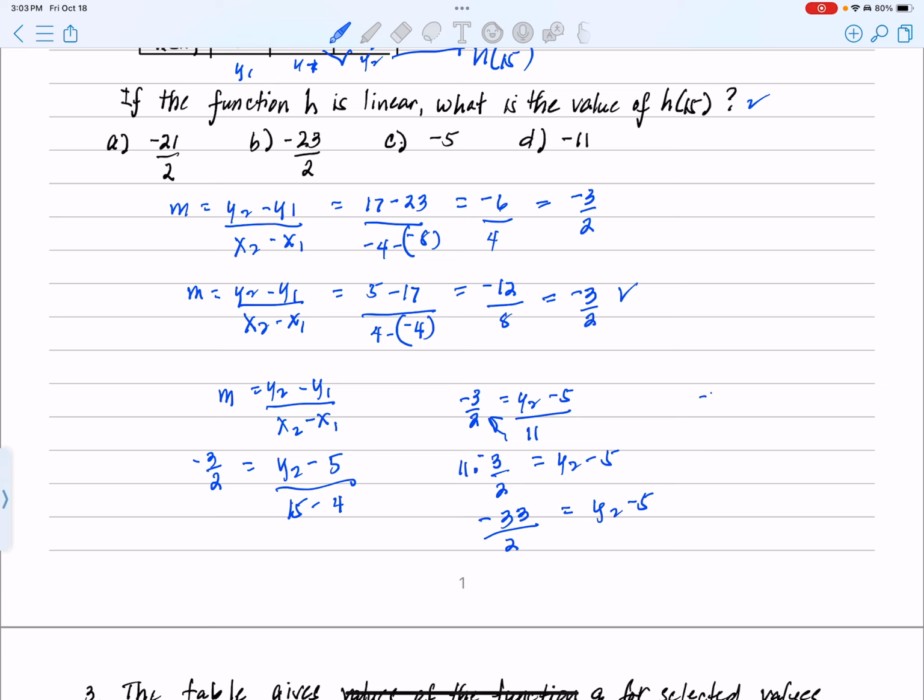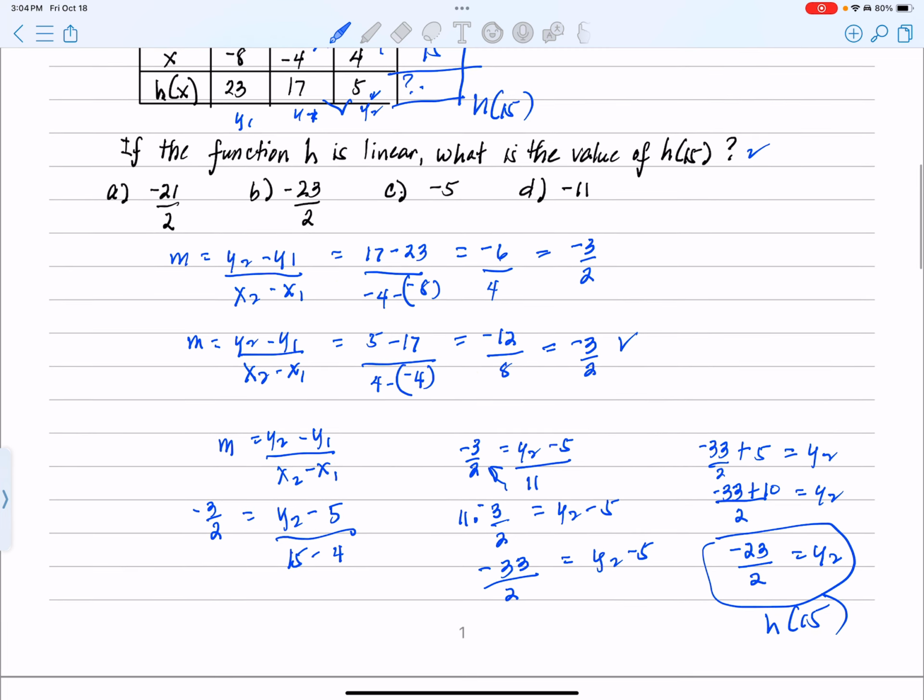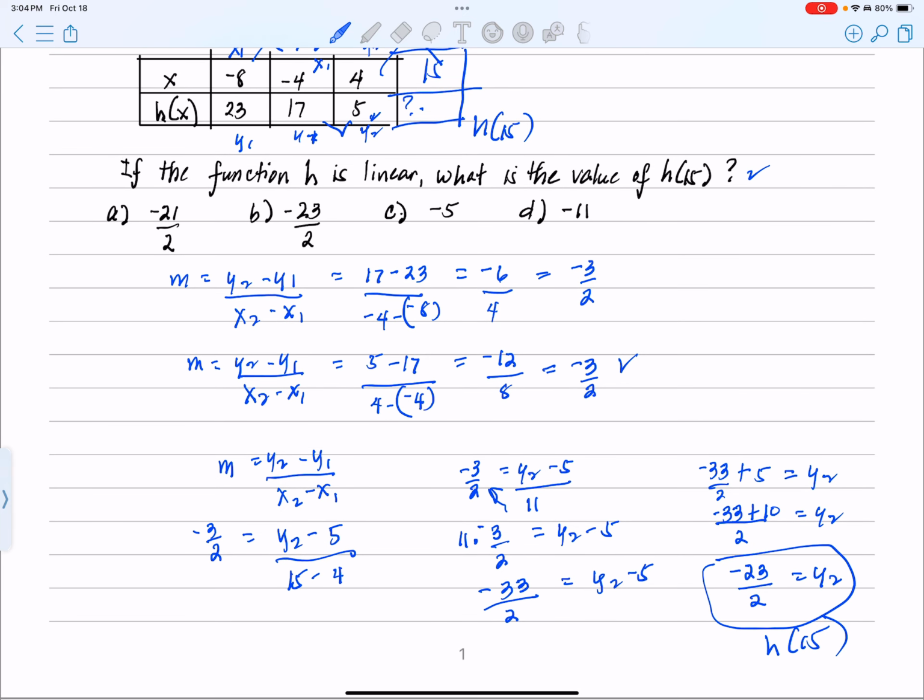So that would be negative 33 over 2 plus 5 is equal to y sub 2. We're almost there. Since we have a fraction with denominator 2, we change 5 into a fraction. So least common denominator is 2, negative 33 plus 10. 2 times 5, that's 10. Negative 33 plus 10, that's negative 23 over 2, that is y sub 2. This is the value when our input is h of 15. So that means h of 15 is negative 23 over 2.